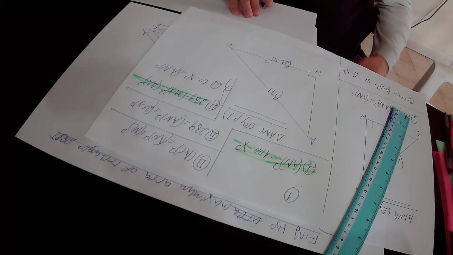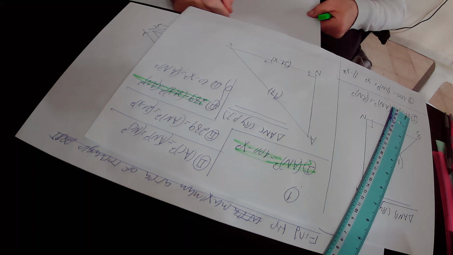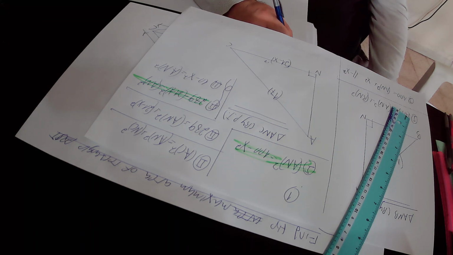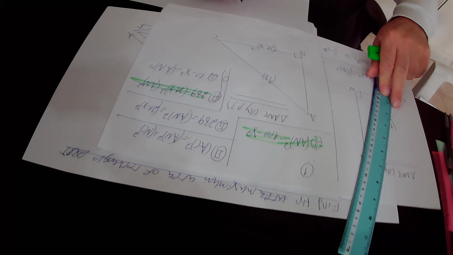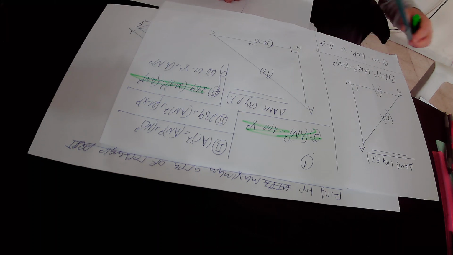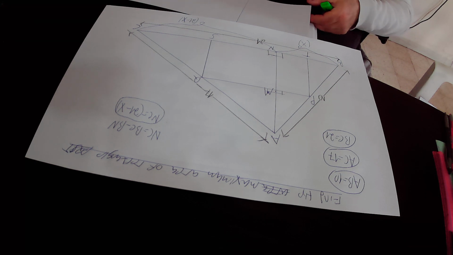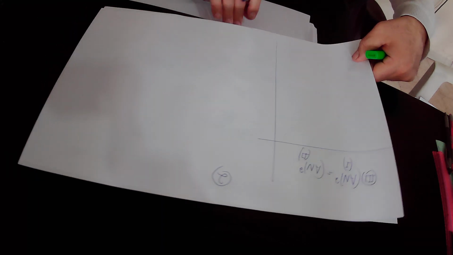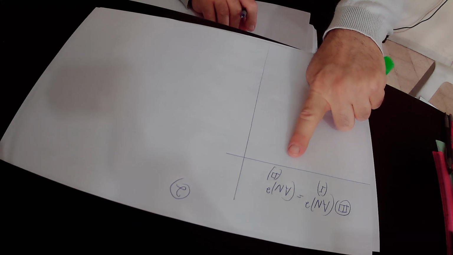Therefore, we create equation 3. Let's say that AN square according to equation 1 must be equal to AN square according to equation 2. Repeat again, we created equation 3.